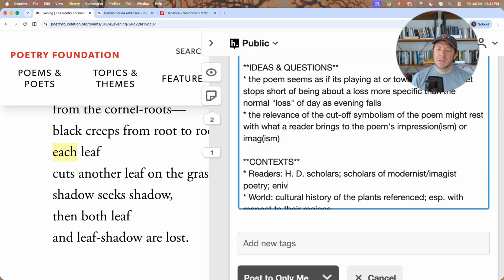Maybe environmental scholars or those who engage with, say, the cultural history of plants in literature or in painting or, to be honest, whatever. That might be useful.